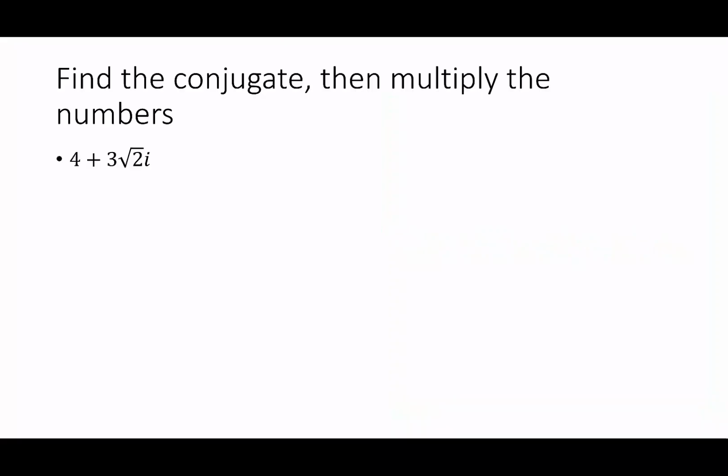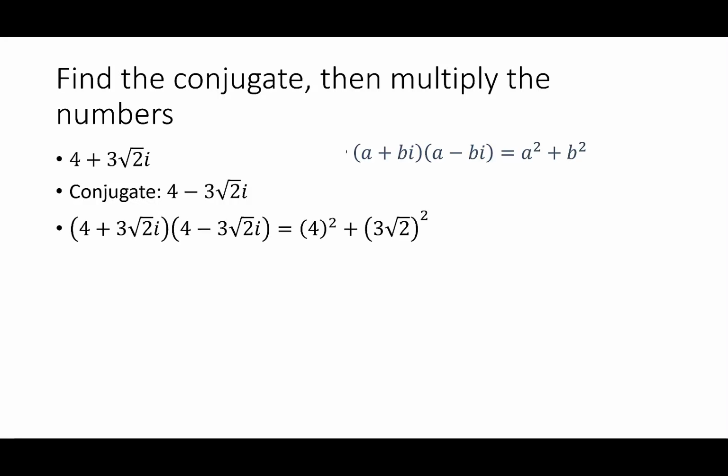Let's try that one more time. We're going to first find the conjugate, then multiply the numbers together. So I'm given 4 plus 3 times the square root of 2i. The conjugate will be 4 minus 3 square root of 2i. Now we can multiply the two together. Because we have complex conjugates, I know that I can use the formula a plus bi times a minus bi, which is a squared plus b squared.